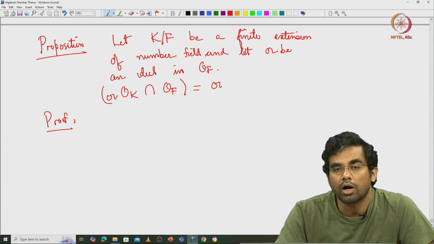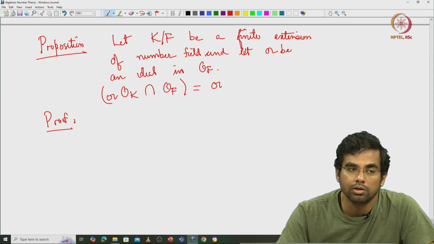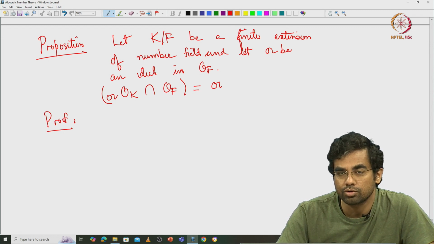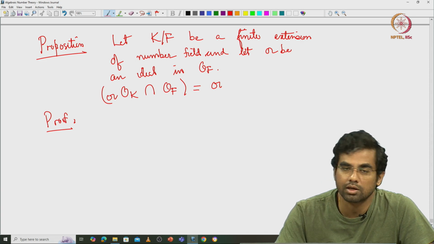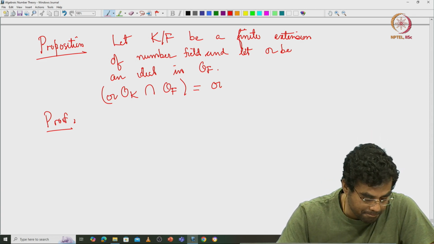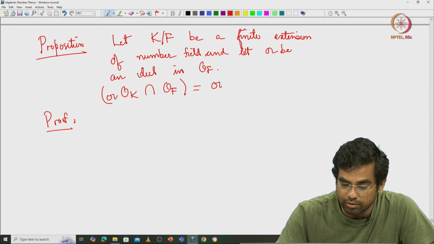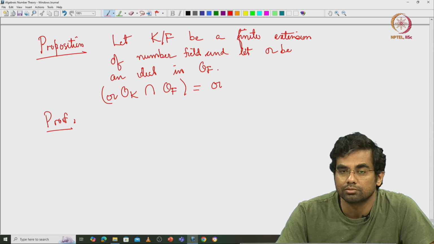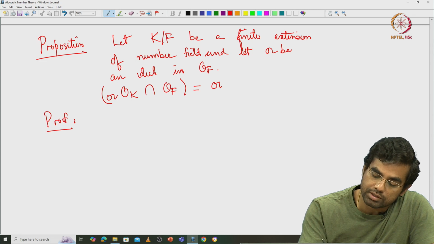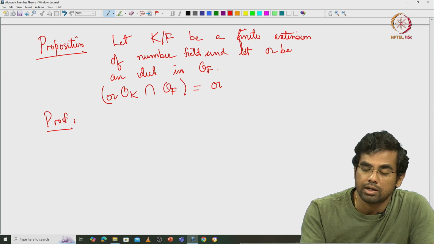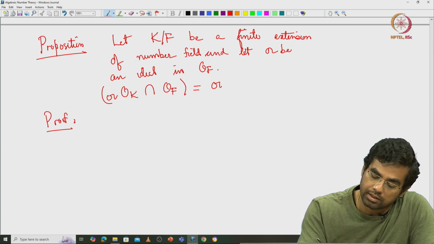Okay. So, how do you prove two sets are equal? Generally, the strategy is to show that the first one is contained in the second, and then the second one is contained in the first. Okay. And as is often the case, one inclusion is easy. So, here the easier inclusion is that A, the right hand side, is contained in the left hand side.